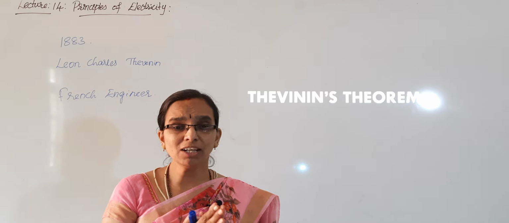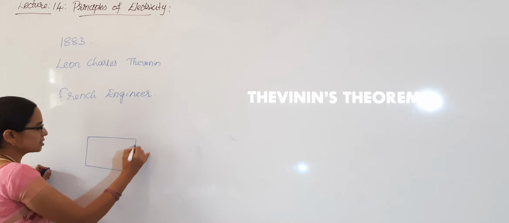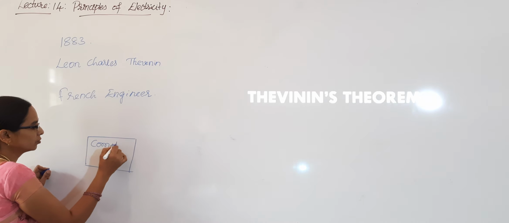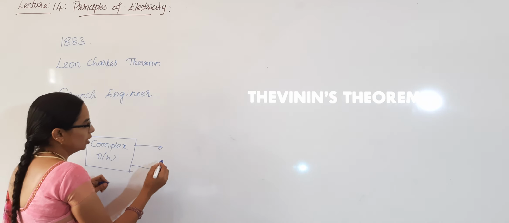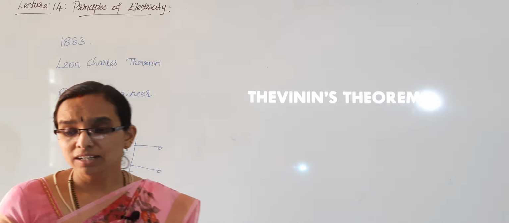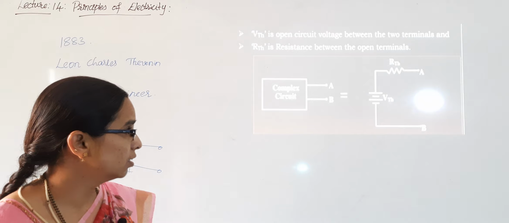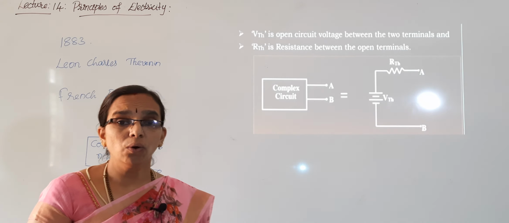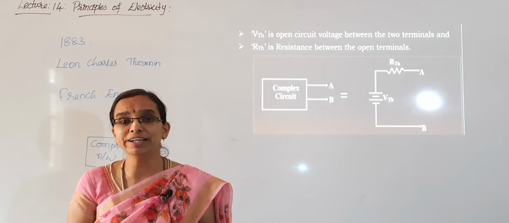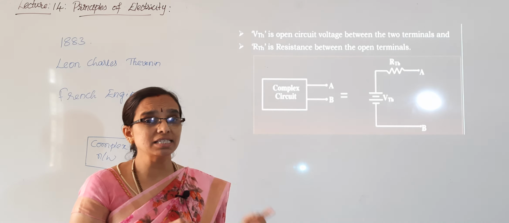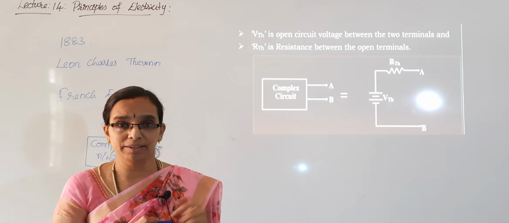That means any complex network which has several resistors and several voltage sources will be replaced by a simplified network consisting of a single voltage source and a single resistor in series with it.